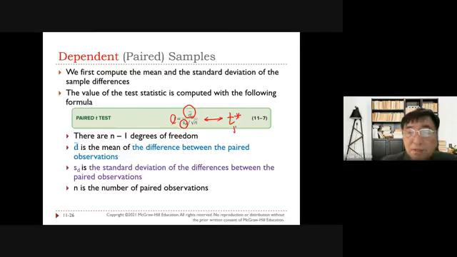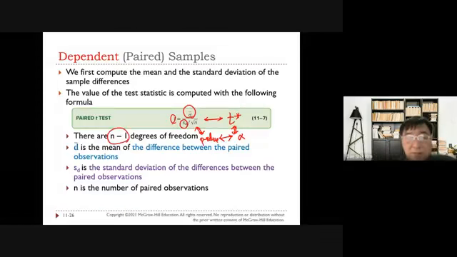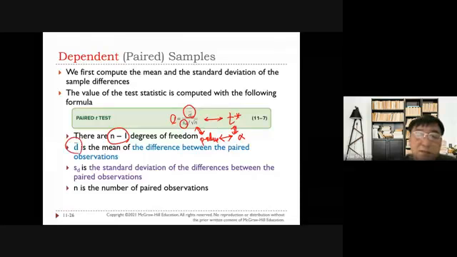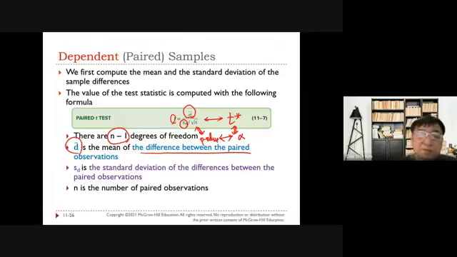The critical t value relates to alpha, and the t value relates to the p value. Then the p value will be compared to alpha, or the t statistic will be compared to the critical t statistic. The degree of freedom is the sample size n minus 1. D bar is the average difference. SD is the standard deviation of the difference.